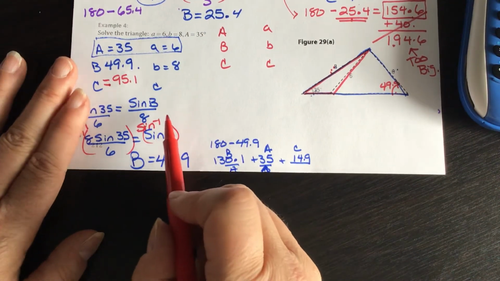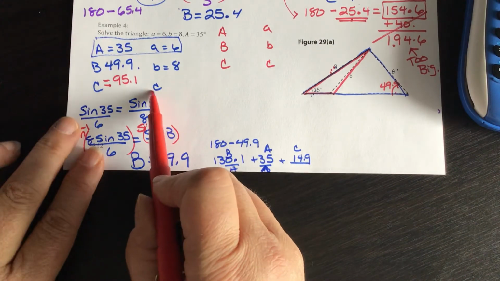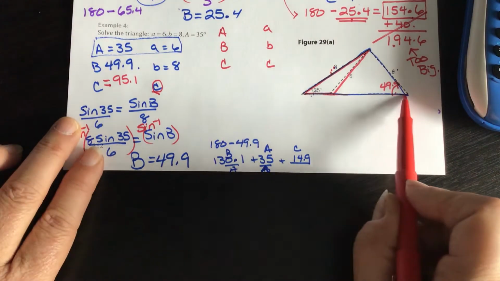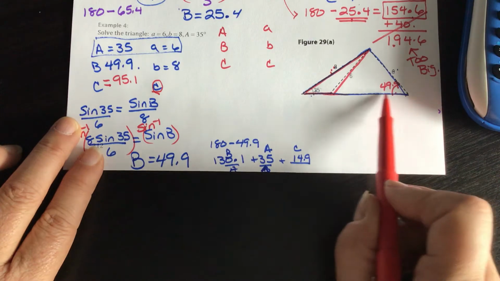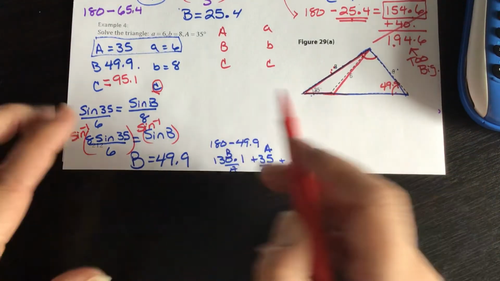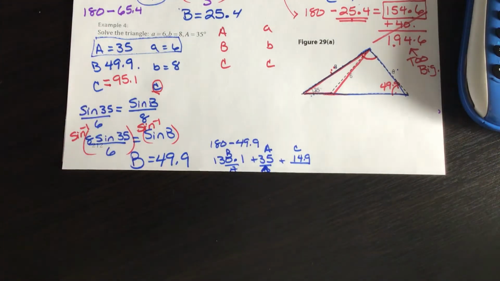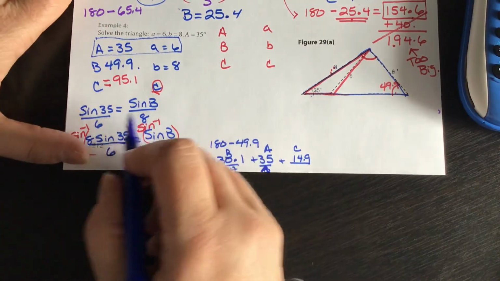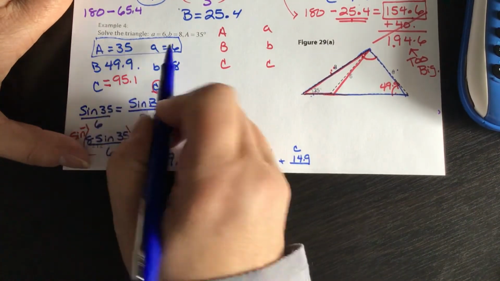And now, if I find the side C that's down here, across from angle C up here, we're going to do some ratios again, where I take the A's.